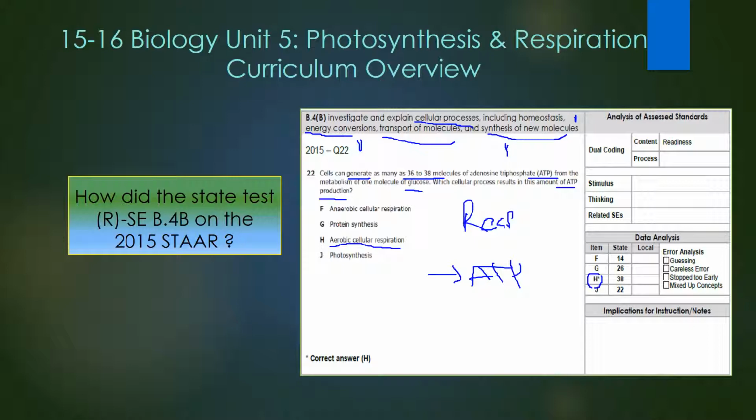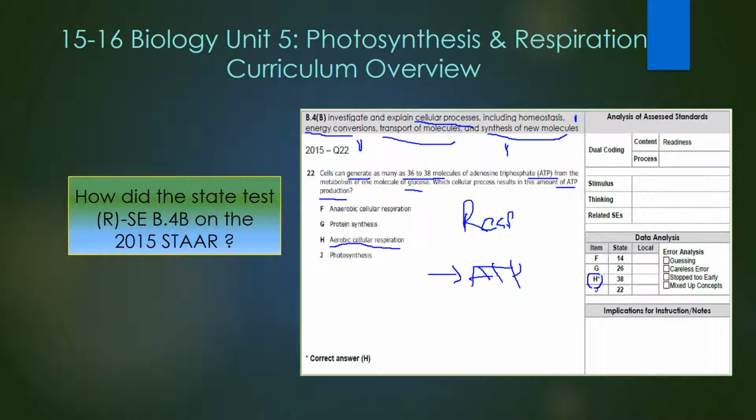Well, if a low number of ATP molecules were being produced, then of course that would be anaerobic cellular respiration. So this is how the state is actually testing the concepts in context.